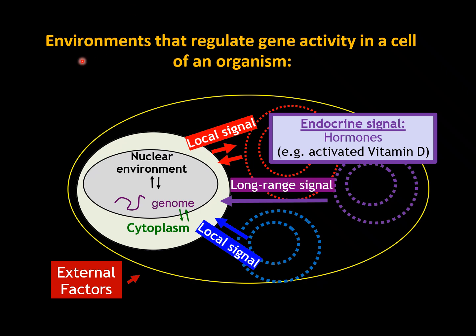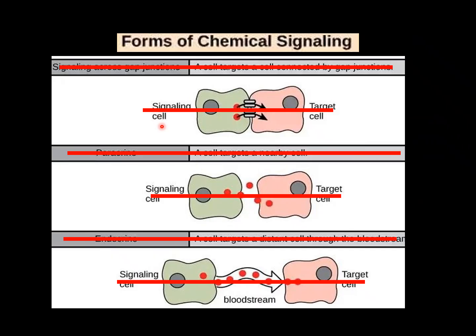So we came back again to this slide when we compare local signals with long-range signals, physical contact, diffusion factors, external factors, and all of them have an effect on gene regulation. And with this, we also finish the different formats of signals that we discussed, from the ones that are very close to the ones that are very far.